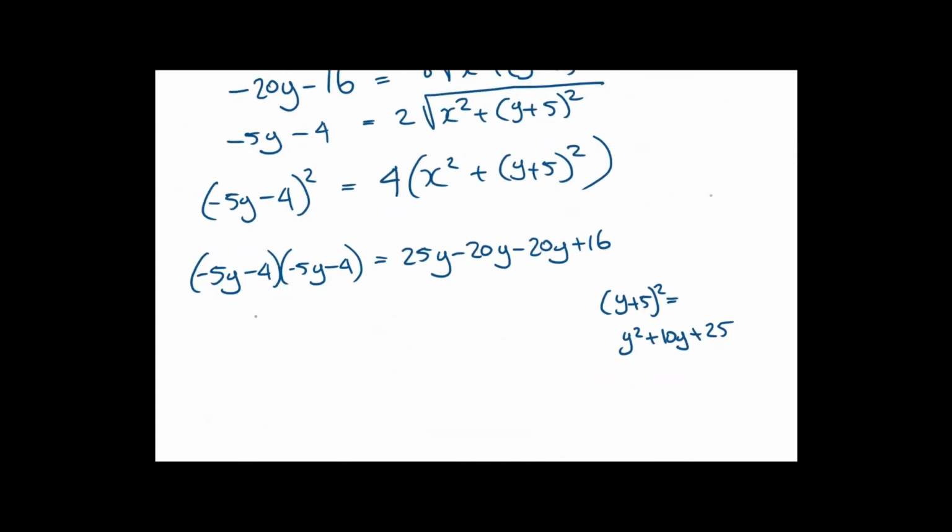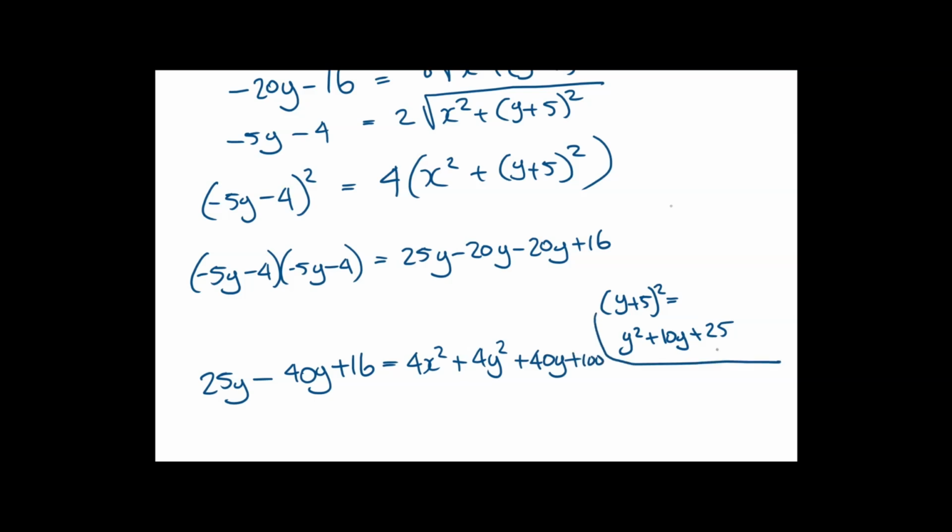And now we're approaching something that we can actually just solve and simplify. 16 is going to be equal to 4x squared plus y squared plus 40y plus 100. All right, so it looks like a mess, but we're getting there. We just have to sort of chug along.